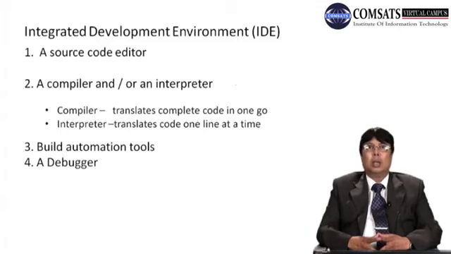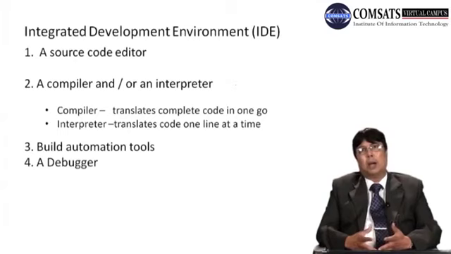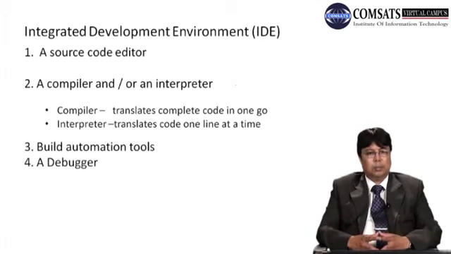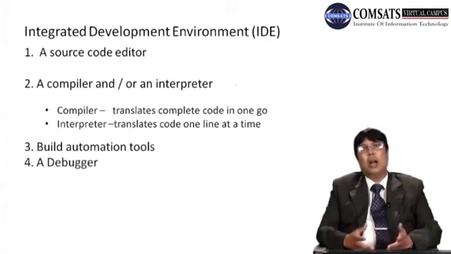Then we have another tool which is called a build automation tool. This build automation tool does everything in one command. Compile, link, execute. It can do it in just one click. Then we have a debugger also, and it's a menu driven environment where we have all these facilities.